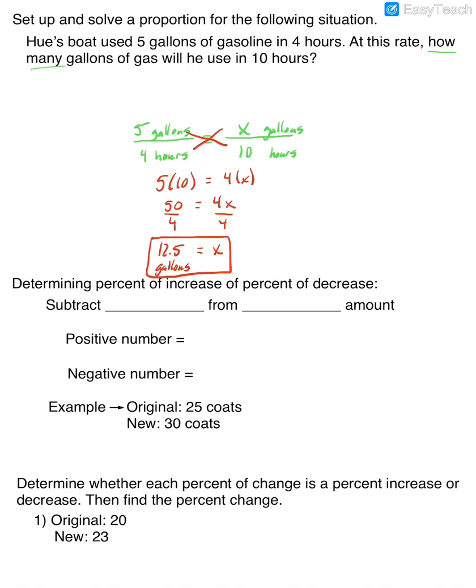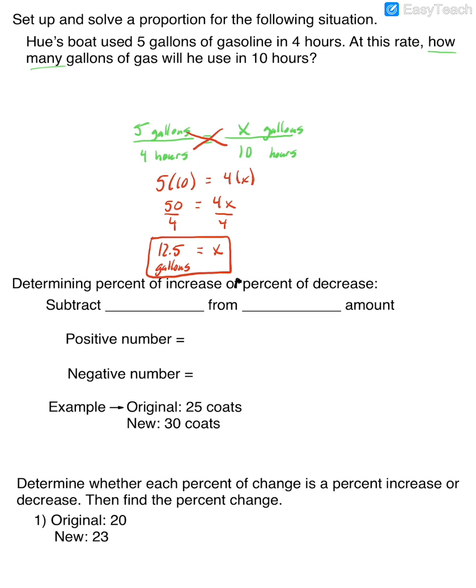And that would be my answer. Okay? Now here's where our percent of increase and decrease is going to come in. So here I want to determine the percent of increase or percent of decrease.